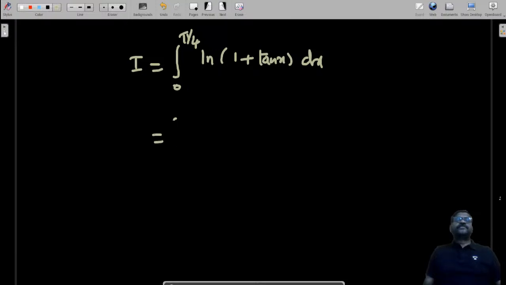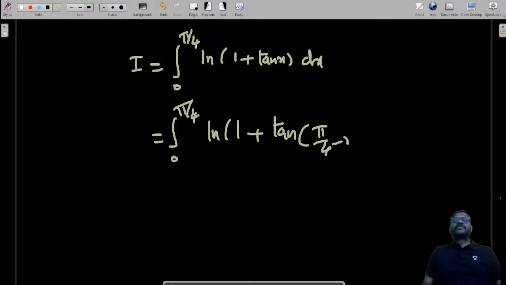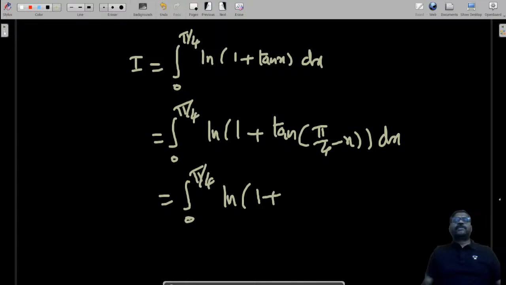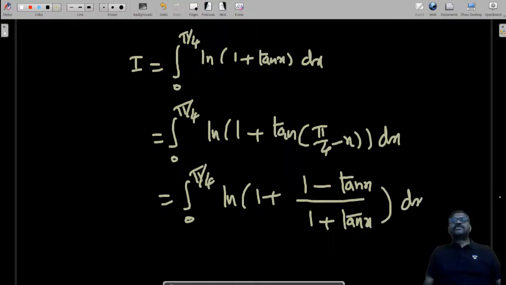That is, the integral of log(1 + tan(π/4 - x)) dx. Log of 1 + tan(π/4 - x) is (1 - tan x)/(1 + tan(π/4) tan x) dx.